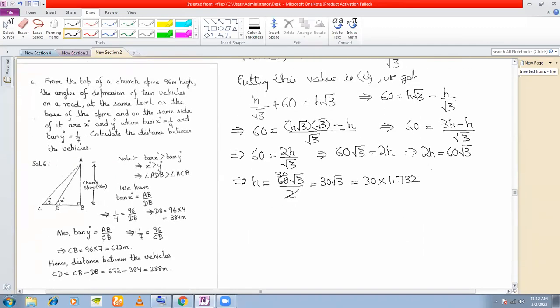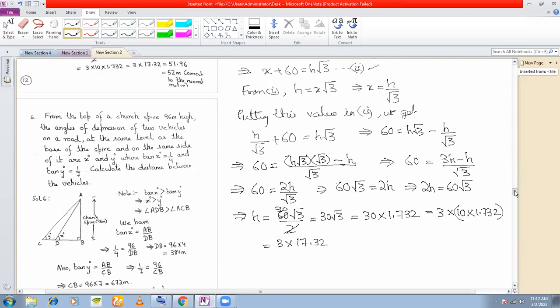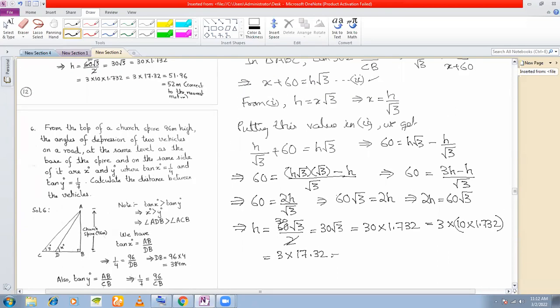Okay. Now how do I multiply this? See, 30 can be written as 3 into 10 into 1.732. Now if I multiply this 10 with 1.732, we are going to get 3 into 17.32, right? And 3 into 17.32 is going to give me 51.96 meters.